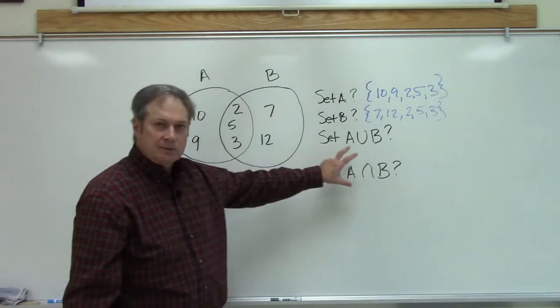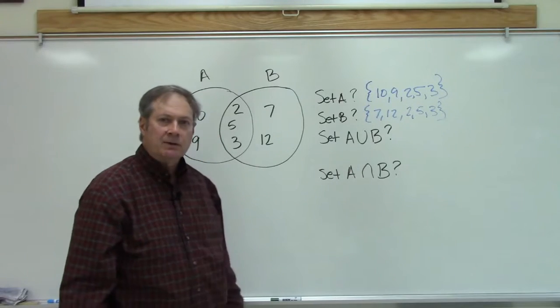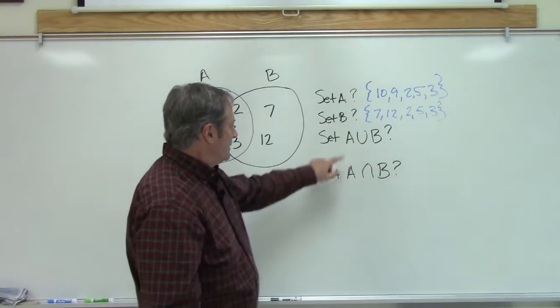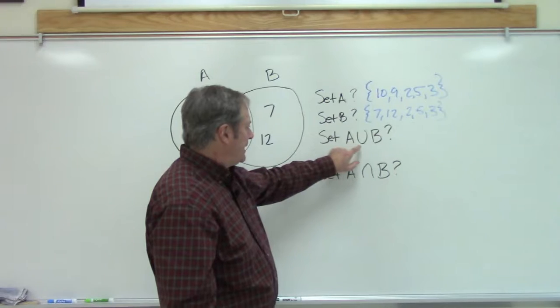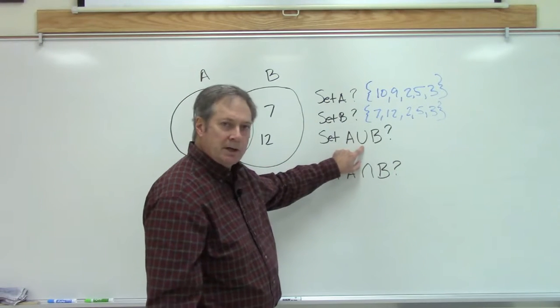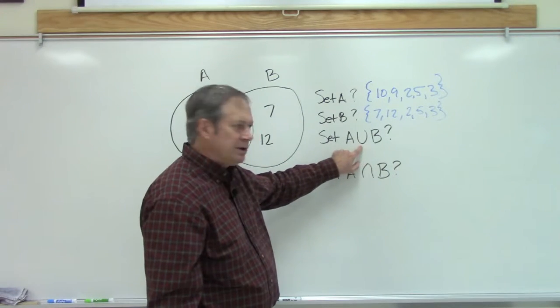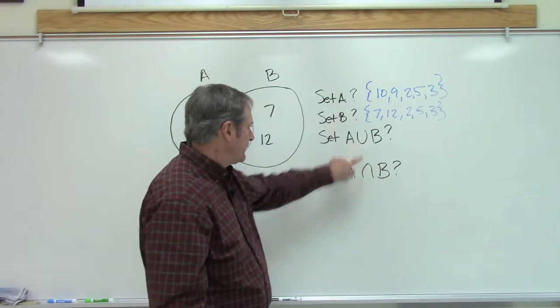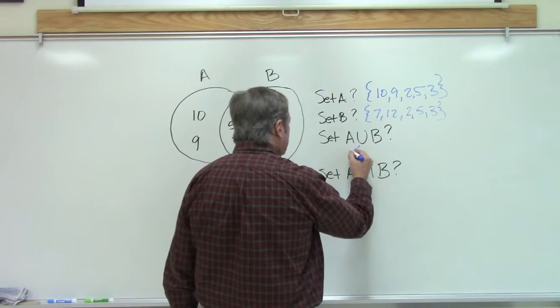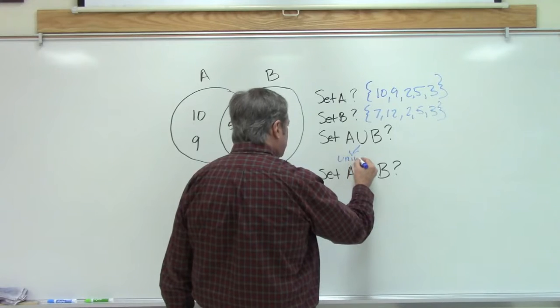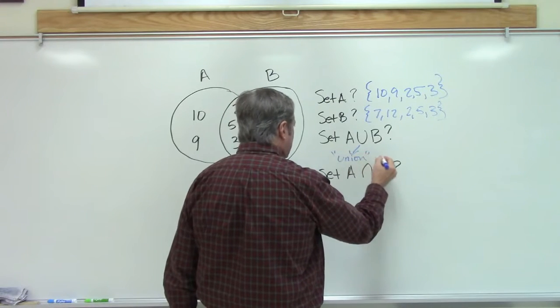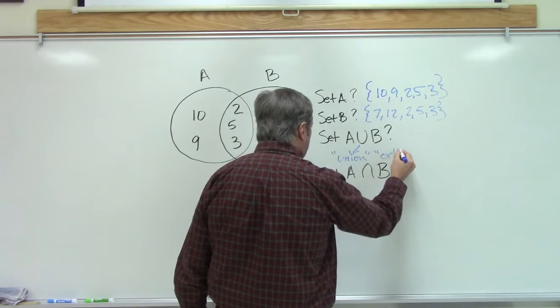Now these last two look unusual, but you're going to run into this notation quite a bit. This is the set of A in a union with B. You can remember union because it's shaped like a U. And so let me write that down, and I'd suggest you do it too. This stands for union, and it also means or.